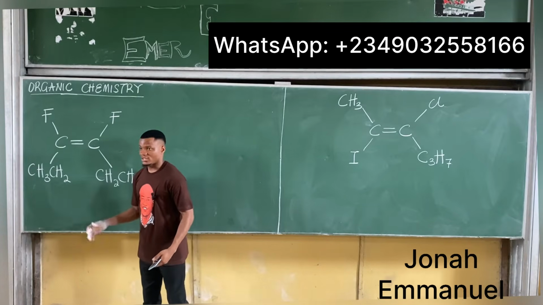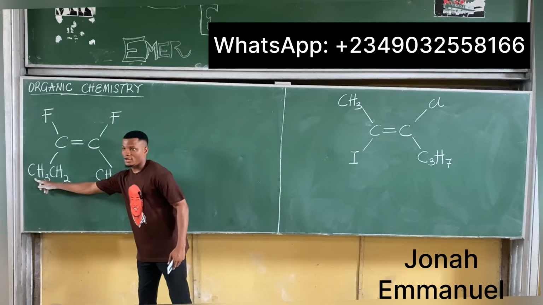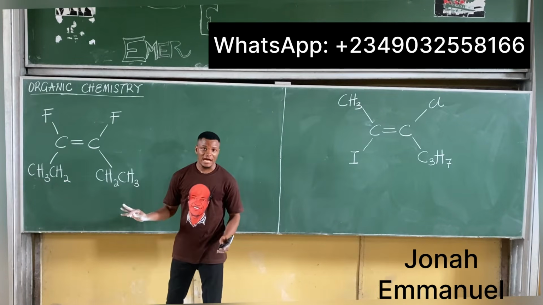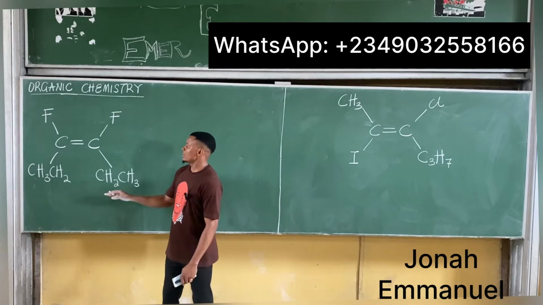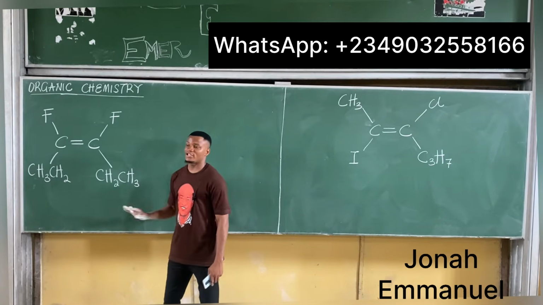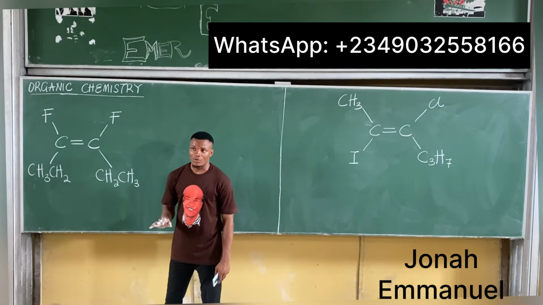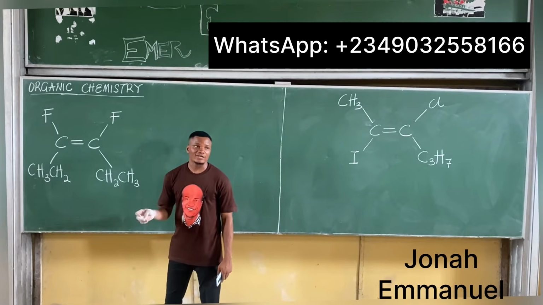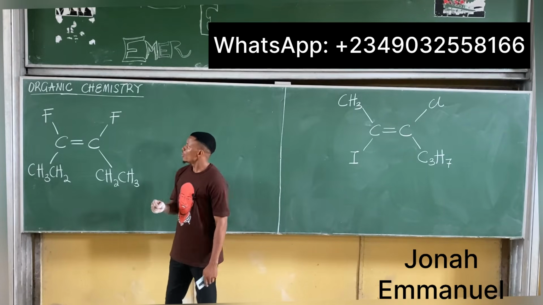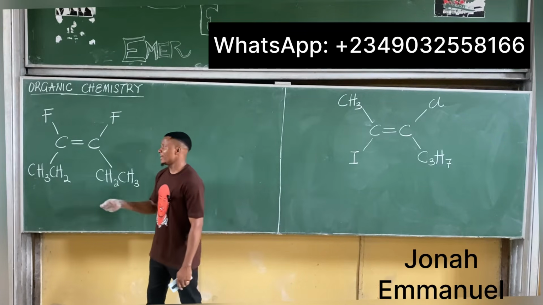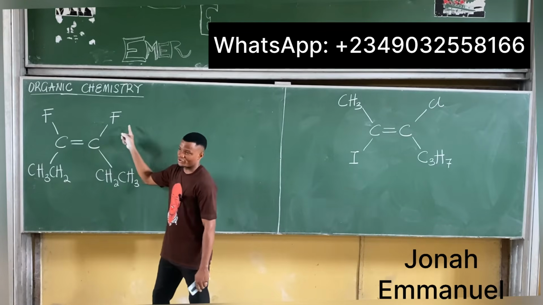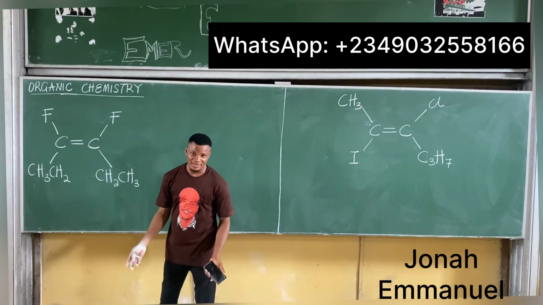If I choose a number from here or from here, it's the same thing. So that means this is not a deciding factor. I'll now switch over to my substituents. Observe that the substituents are both fluorine and fluorine. What does it mean? Start from anywhere.